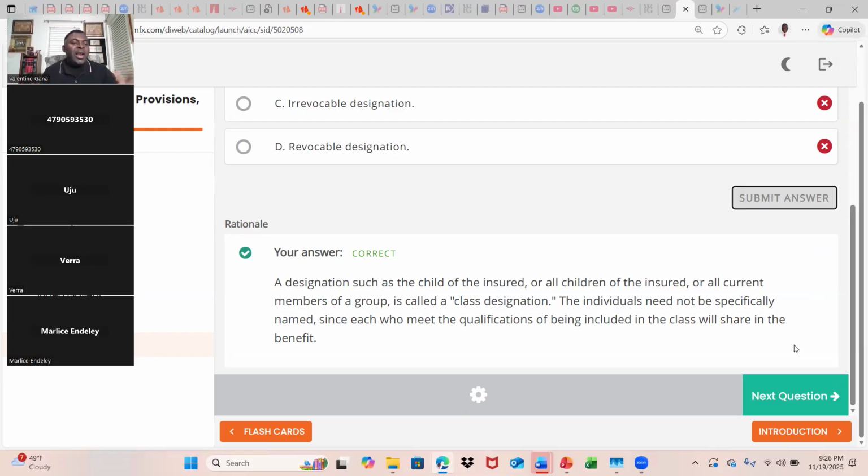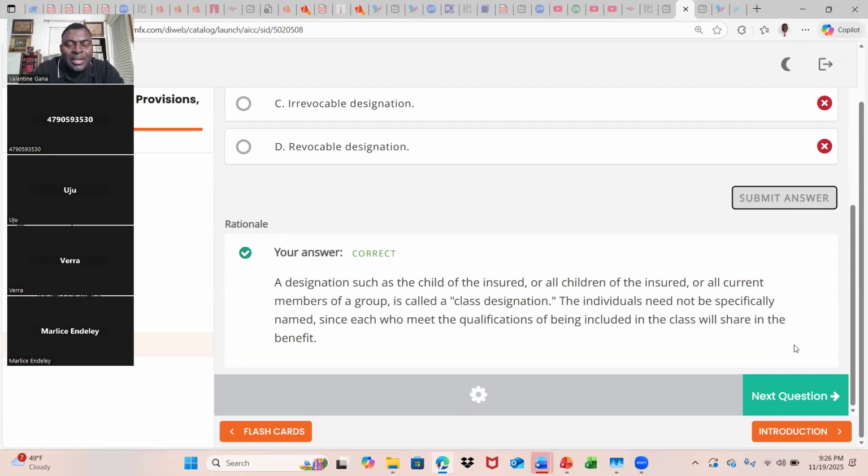Now, let me tell you another thing that I learned in law school. Sometimes you can put a class designation and say all my children, grandchildren, and great-grandchildren. That is assuming you know who all your children are. How about if some lady got pregnant with your child and you did not know? After you die, that child shows up with their lawyer to say, this was my father.